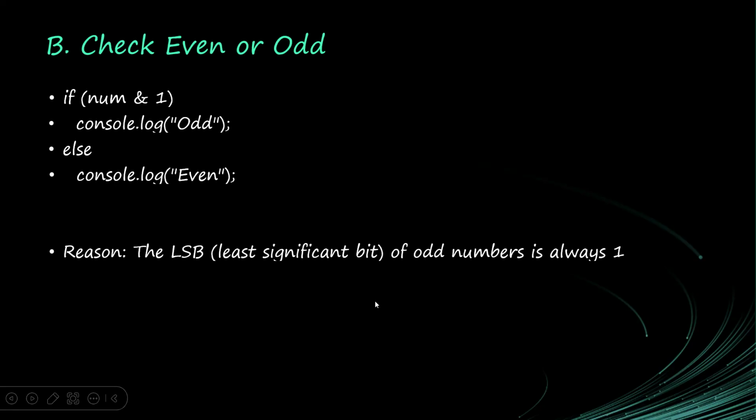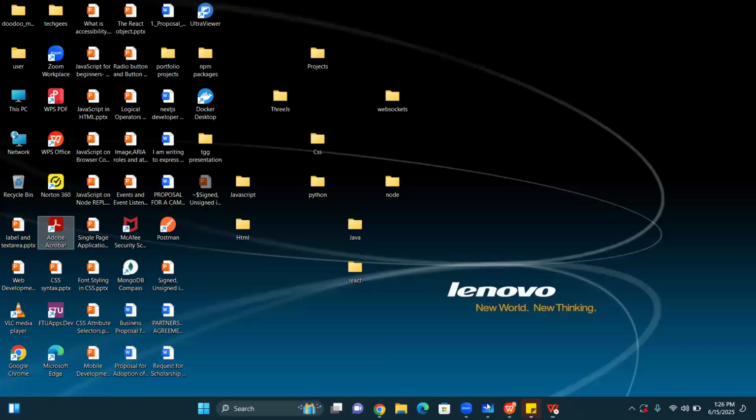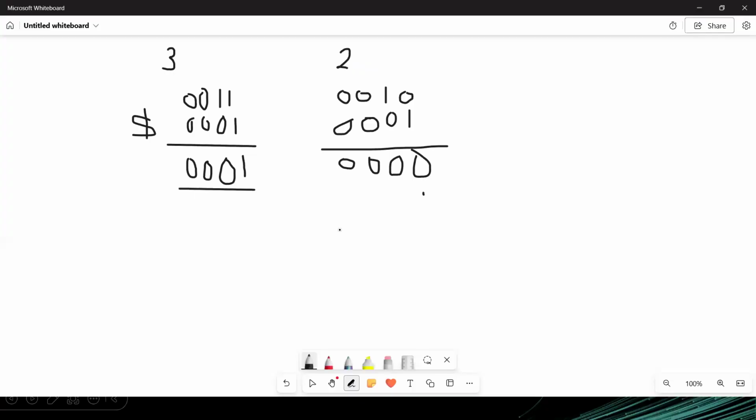Now, let's go back to our board. They said the least significant bit of an odd number is always 1. So look at it. This is an odd number, and this is the least significant bit, the LSB. While the leftmost one is the most significant bit.